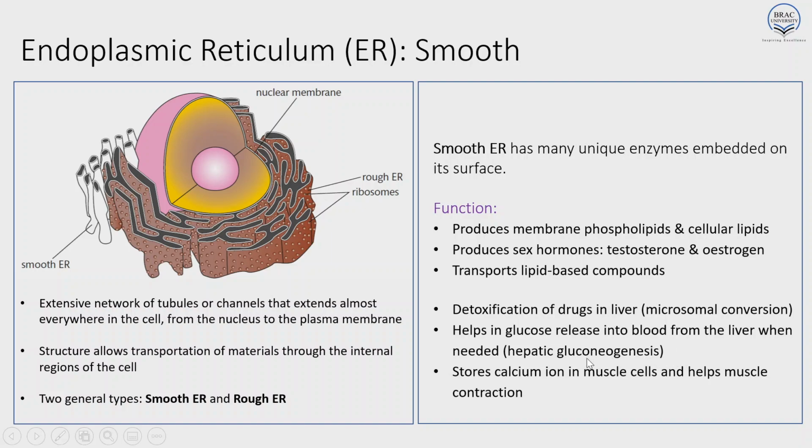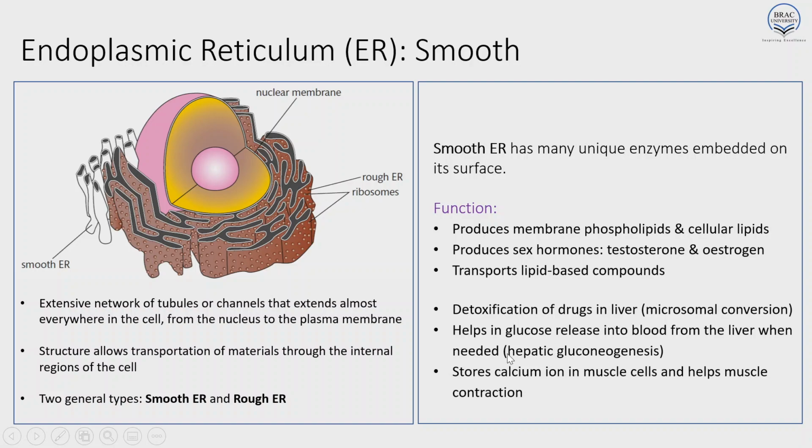But gluconeogenesis refers to glucose production from sources other than carbohydrates. For example, glucose production from proteins or lipids is known as gluconeogenesis, and hepatic refers to the liver.